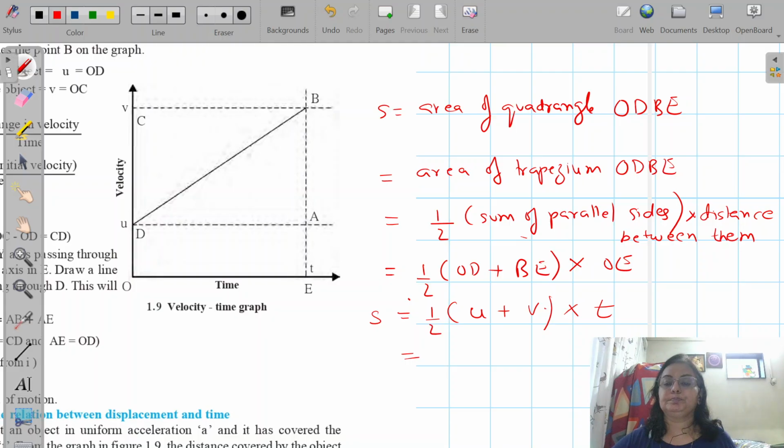Now we know s is equal to half into u plus v into t.